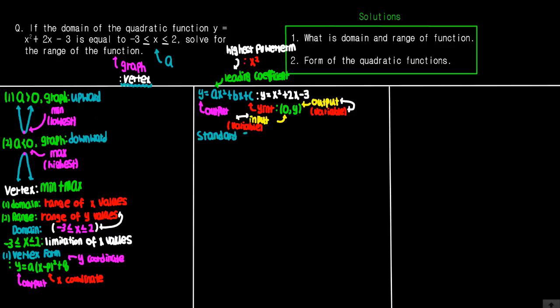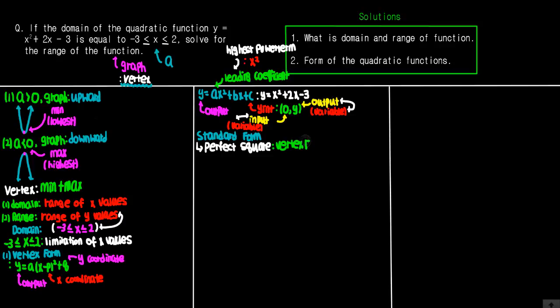So from here, we want to think about the standard form, y equals ax squared plus bx plus c, which we can convert into a perfect square form through completing the square. We're going to get the output as the vertex form.